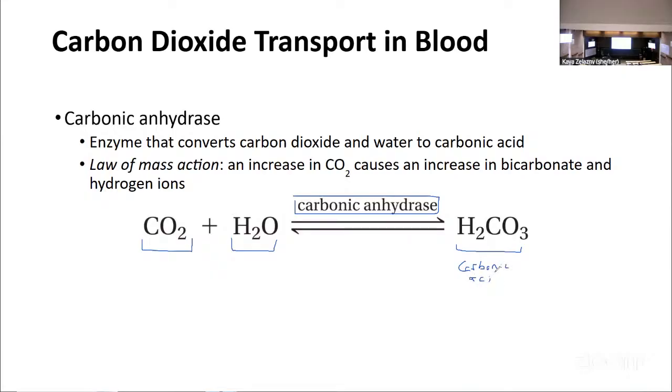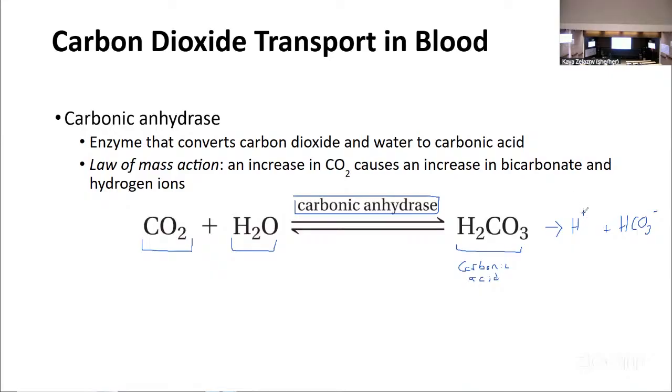And then not pictured, we have an additional step where usually we're going to see in the bloodstream, this carbonic acid dissociates into hydrogen ions and bicarbonate ions. Right, so we can tell that those are our ions because they got their little charges on them.